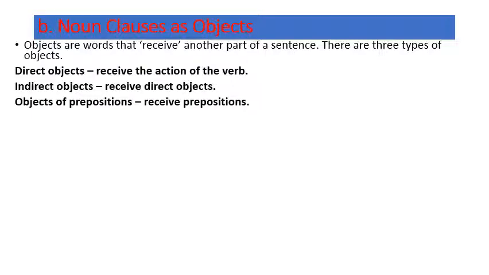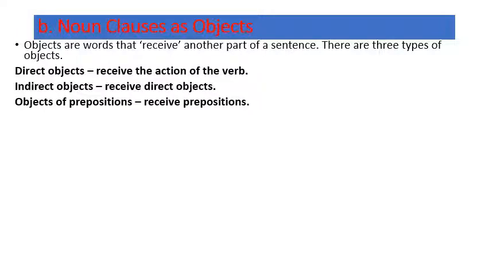Before I proceed, I want to remind you that there are three types of objects. We have the direct object, which we studied earlier; it receives the action that is given by the verb. The indirect object receives the direct object.